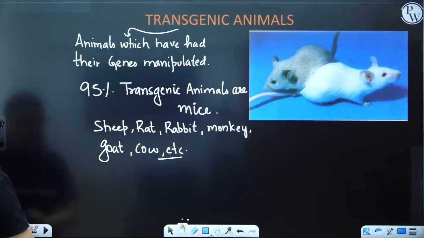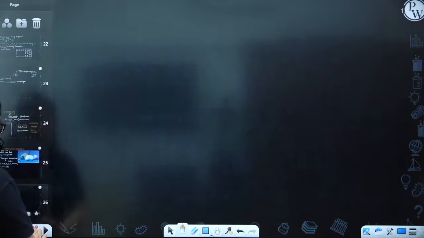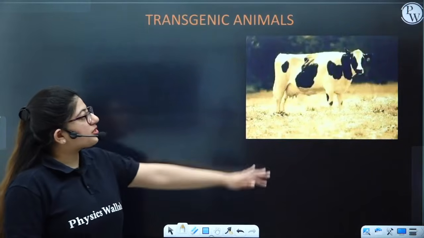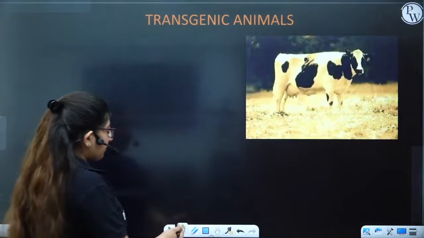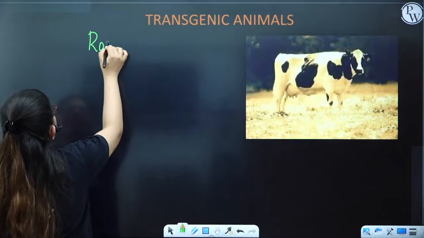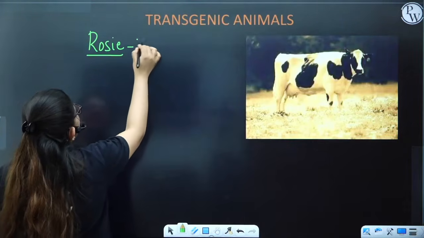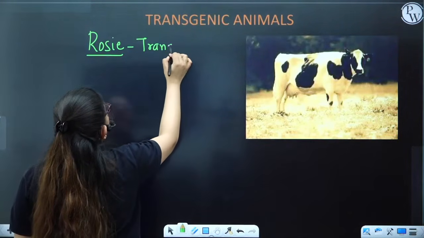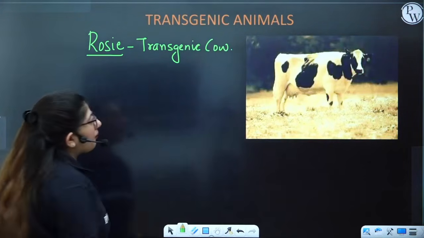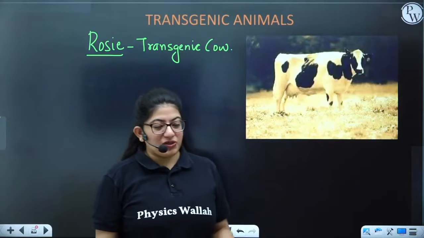Okay. So if we are talking about the transgenic animals, let's first talk about this cow. Who is this cow? This is Rosie. So let me introduce boys and girls to Rosie. Rosie in the house. So Rosie is a transgenic cow. Okay. So, how was she so helpful?